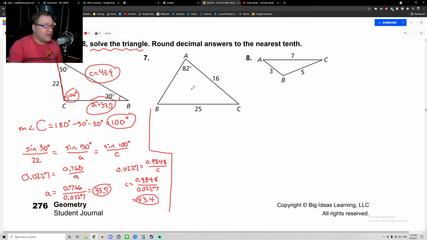That's okay because we have opposites: an angle that is opposite a side. This is angle A, so this is side A. This is B, this is side B, and this is side C. We need to find angle B, angle C, and side C.